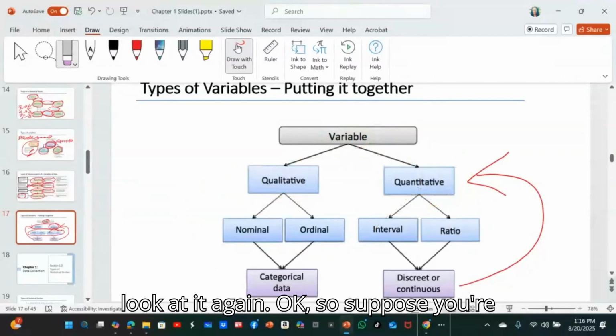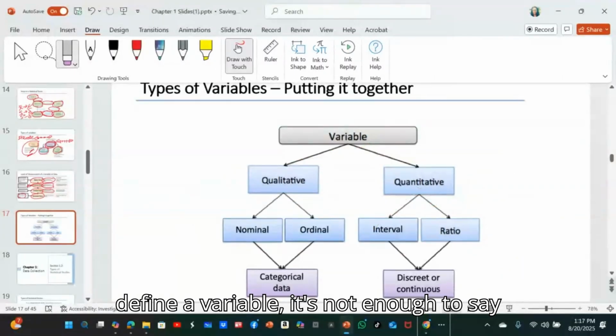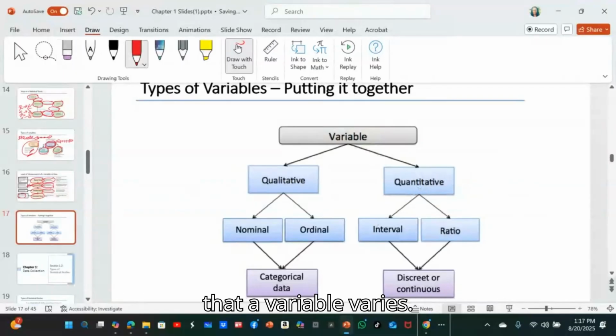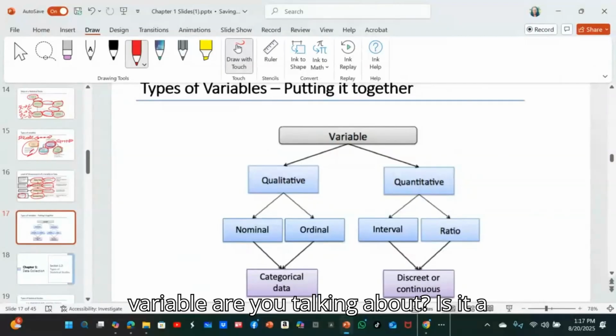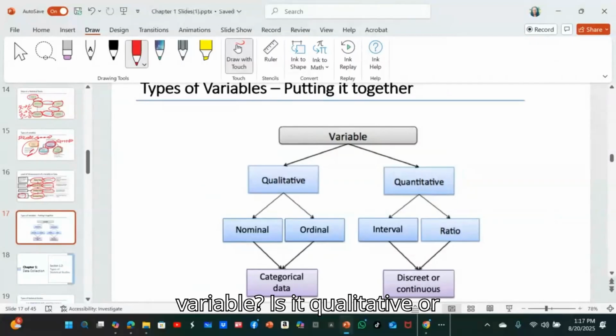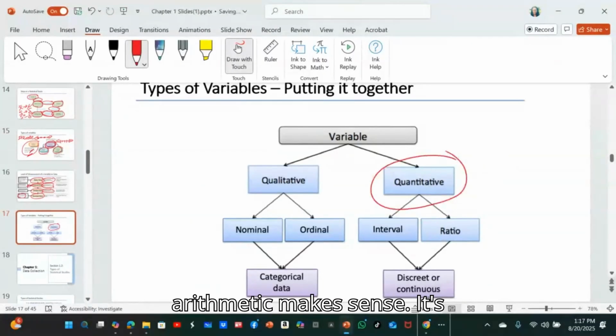Suppose in statistics you're told to define a variable. It's not enough to say that a variable varies. What kind of variable are you talking about? Is it a quantitative variable or a qualitative variable? If it is quantitative, then arithmetic makes sense.